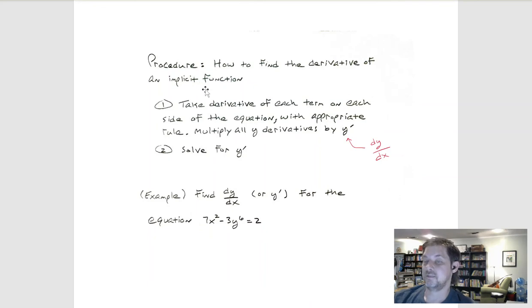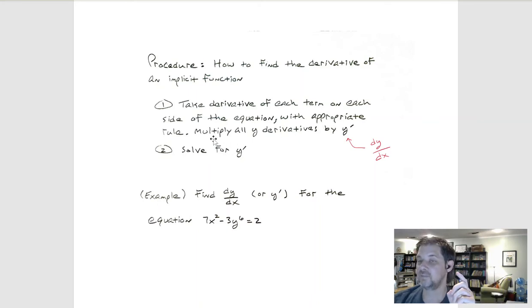It says this. Say we have an equation like this, where we want to find y prime or dy over dx. We want to find the derivative. So we got that equation. The procedure is to take the derivative of each term on each side of the equation with whatever rule is appropriate.